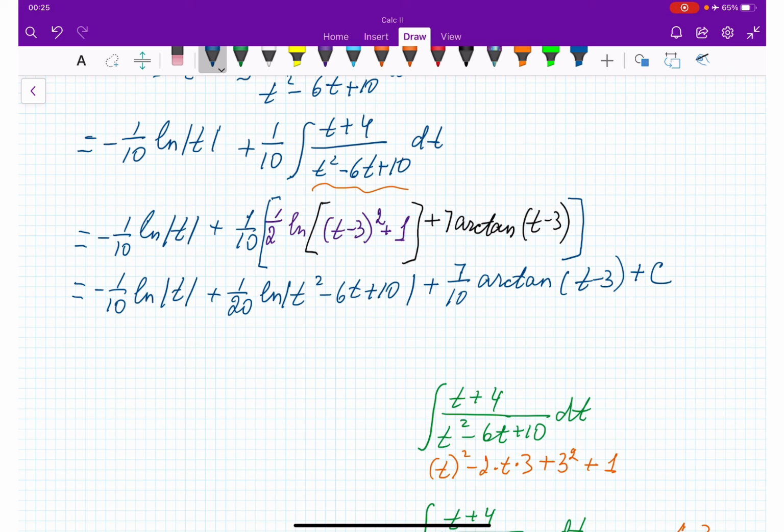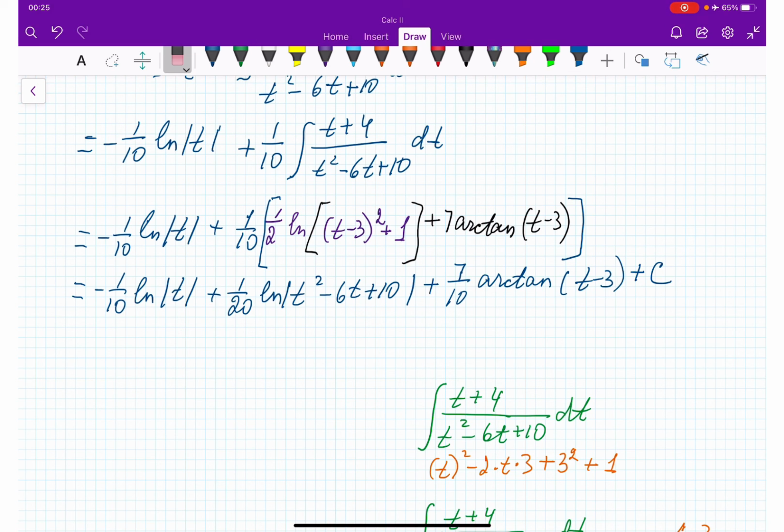Okay, and one very last step. Yeah, that's why integrals are considered a nightmare for future engineers. Now you see why.